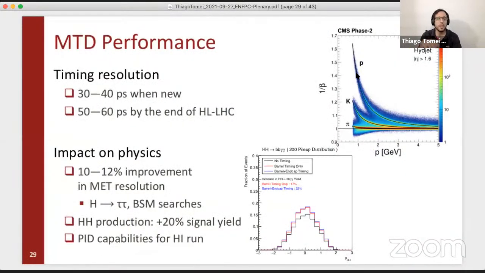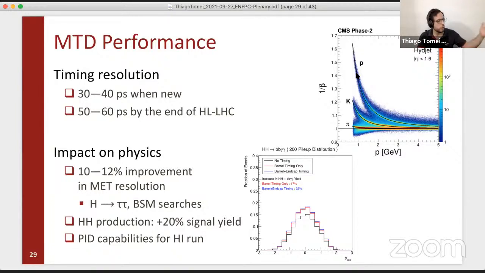So very quickly, the timing resolution of the MTD is going to be something around 40 picoseconds, and it's new, but it will degrade with radiation, of course. What does this buy us? This buys us three things. First, an improvement in MET resolution, and this is huge because it allows us to do important measurements like Higgs to tau, where you have intrinsic missing ET, but all the BSM searches, SUSY, dark matter, will enjoy this enhanced resolution.